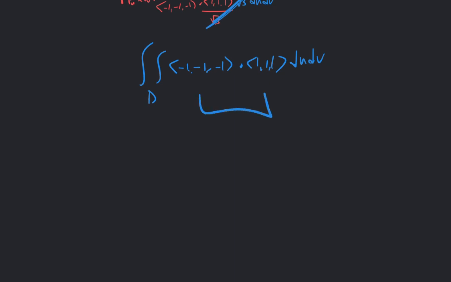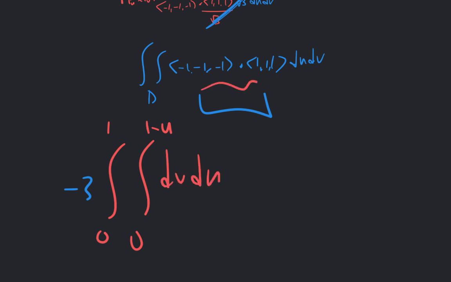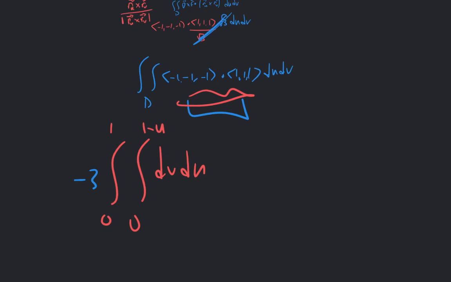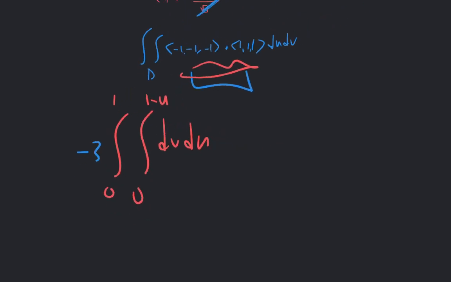So first take this dot product, -1 plus -1 plus -1 is -3. And then when we set up our integral, let's do this, 0 to 1, 0 to 1 minus u, dv du, because we don't have any function in here anymore. So we're just integrating this now. So let's integrate with respect to v.